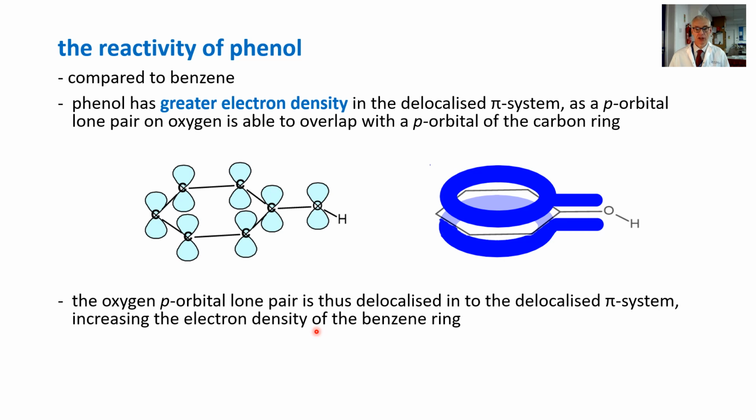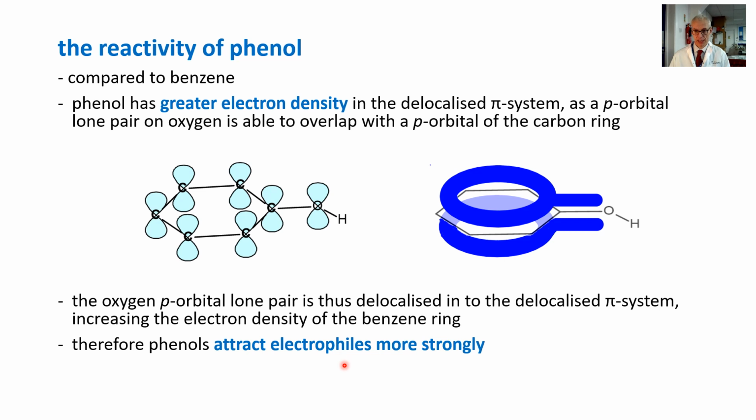Now, if there's a greater electron density in the benzene ring, bearing in mind that the reactions of the benzene ring are electrophilic substitutions, then phenols will attract electrophiles more strongly than benzene. So everything has to be related to a comparison to benzene.